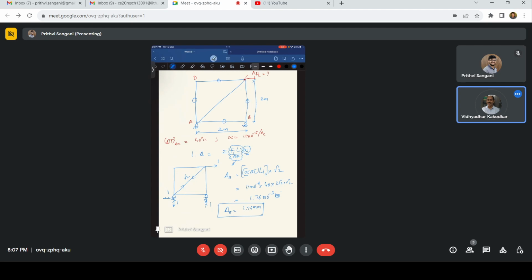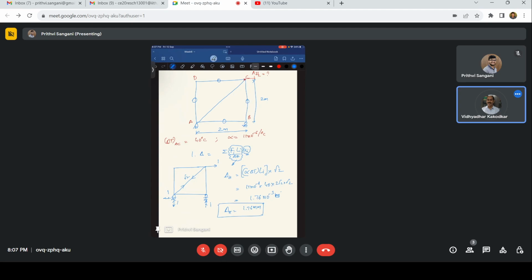So with this, you can find what is delta 1 because of this force. Because of the redundant force F, and let us say this is a reaction R, you'll have two different forces.